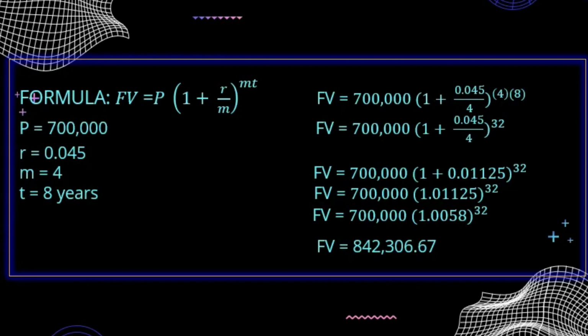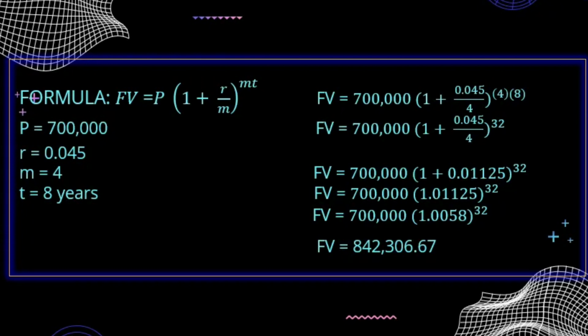So now that we listed it, we evaluate the formula. Of course, first thing we need to do is multiply 4, which is the number of interest periods in a year, and the 8, which is the term of loan. So the answer, and it is going to be our exponent, is 32.